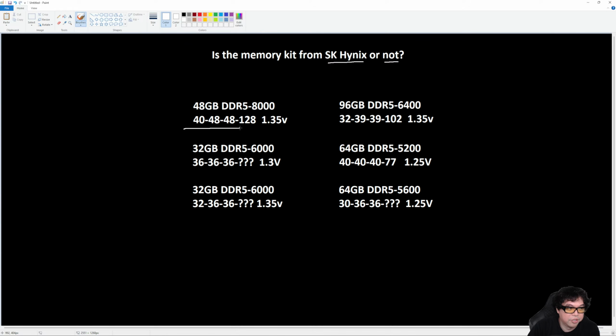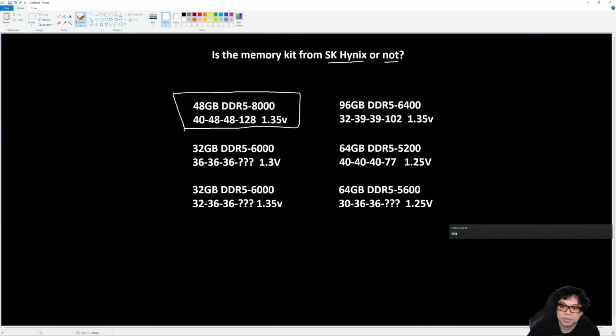So this one right here, G-Skill Trident Z5, DDR5 8000, 48 gigs, that's 2 times 24. 1.35 volts. This is my favorite memory.